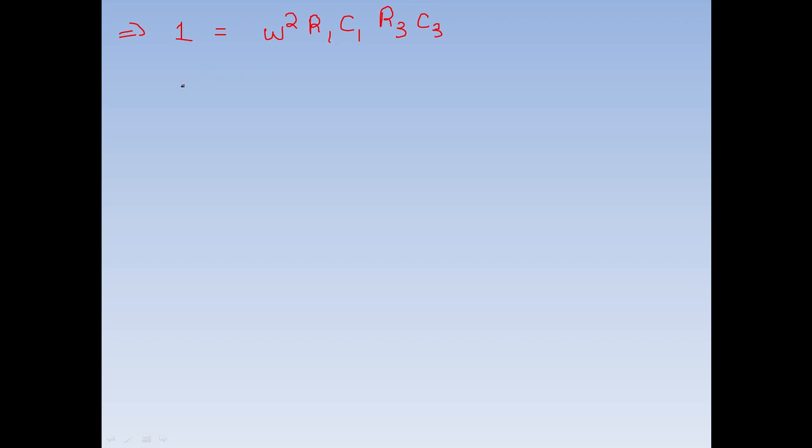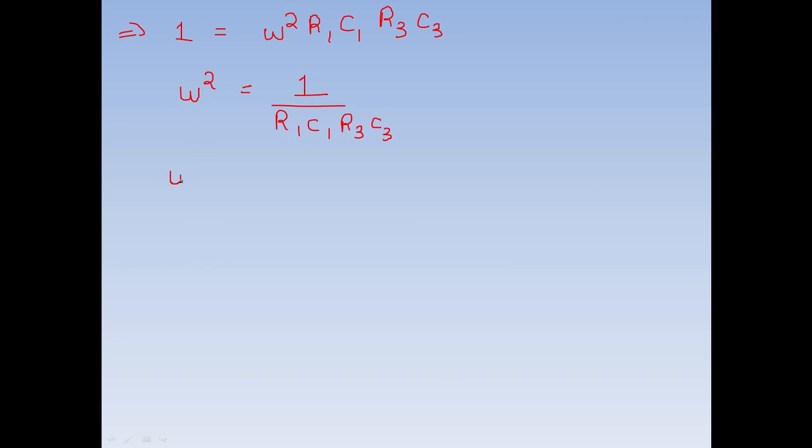From this you can calculate the value of omega square. Omega square is equal to 1 upon R1 C1 R3 C3.